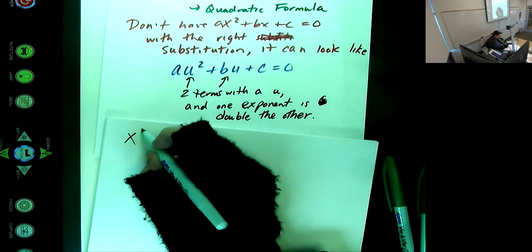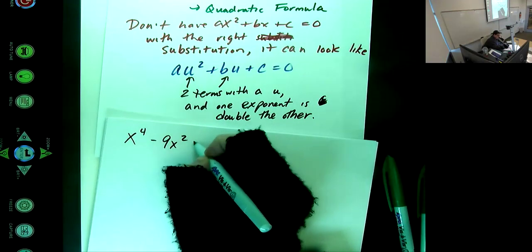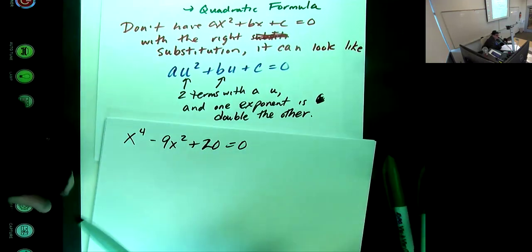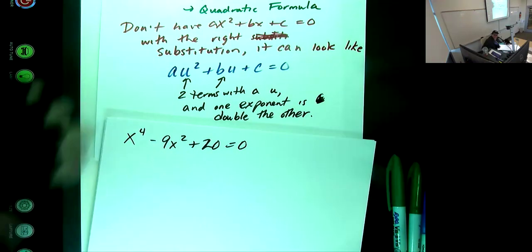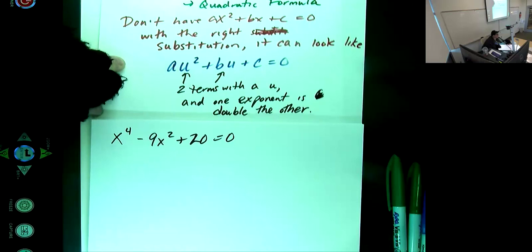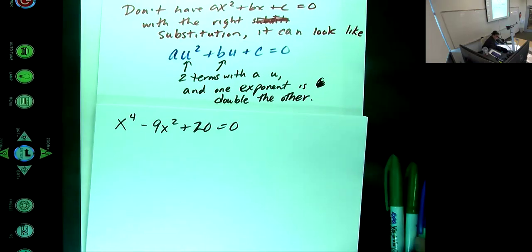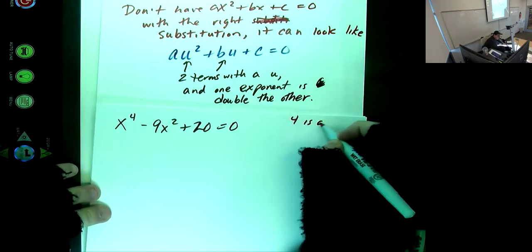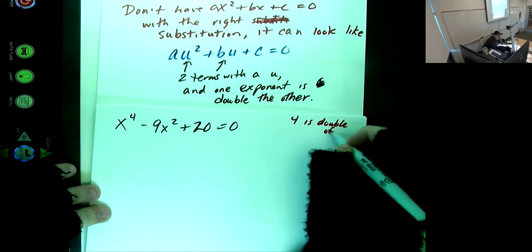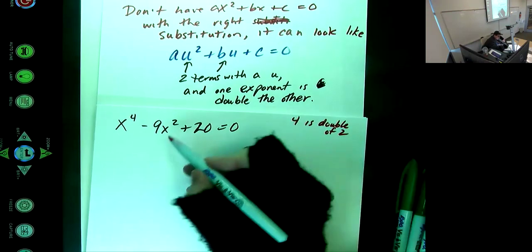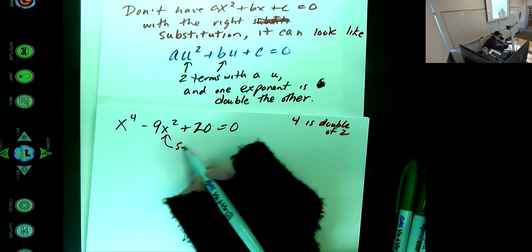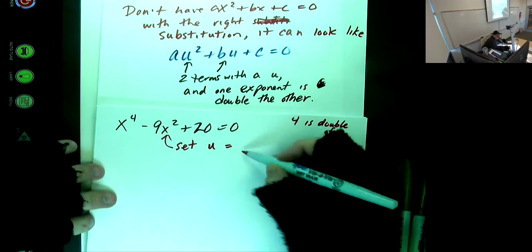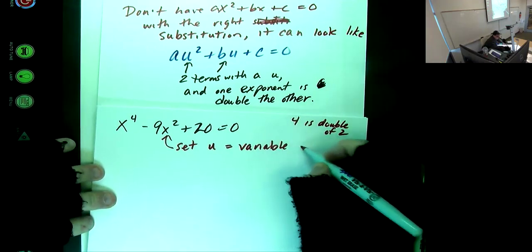All right, so what the hell is he talking about? x to the 4th minus 9x squared plus 20 equals 0. So 4 is double 2. What we're going to do is set u equal to the variable with the smaller exponent.